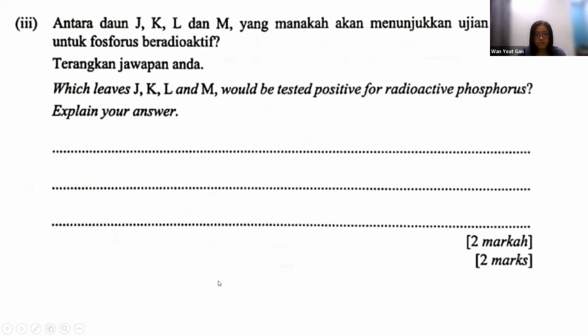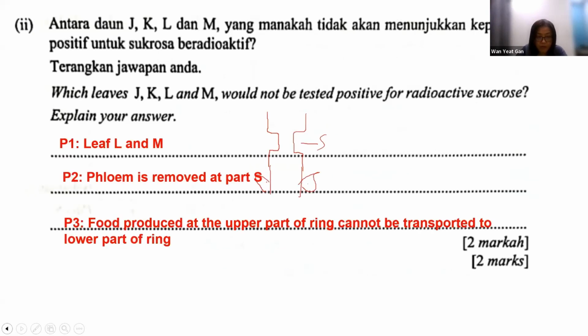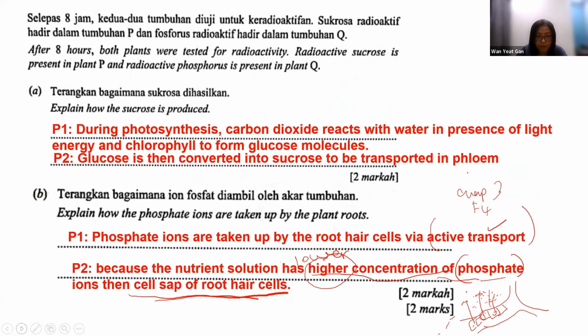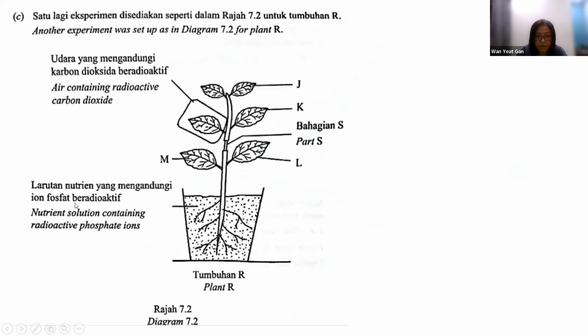Okay, let's move on. Which leaf will be tested positive for radioactive phosphorus? Explain your answer. Let's go back to the question just now. The question says that the plant is planted in a radioactive phosphate ion. So here, the roots will absorb the water as well as the phosphate ion.